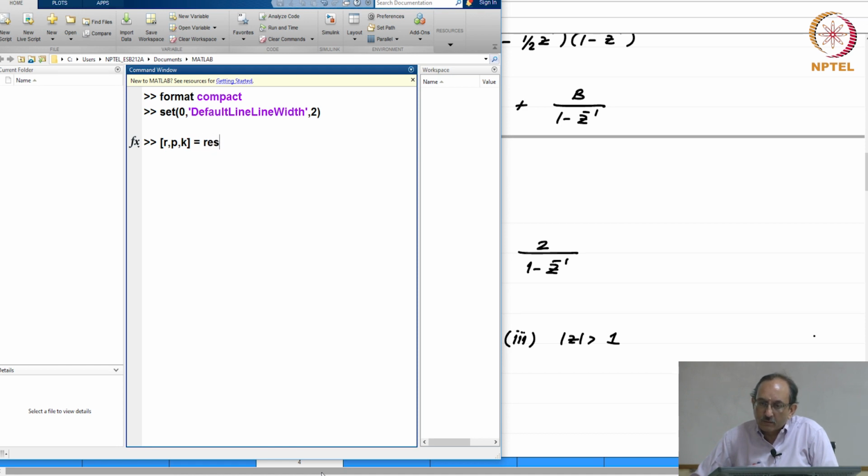The B vector in this particular case is 1, 2, 1, the latest example that we have considered, and the denominator is 1 minus 3 by 2 minus half.